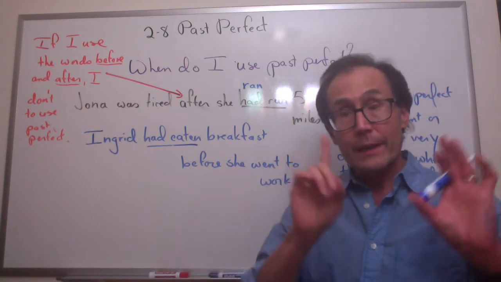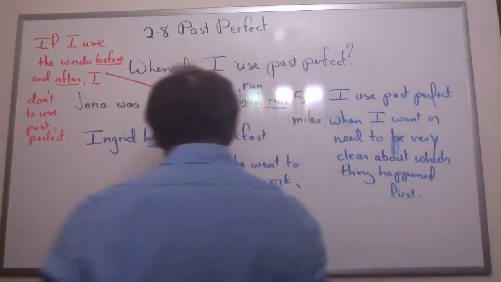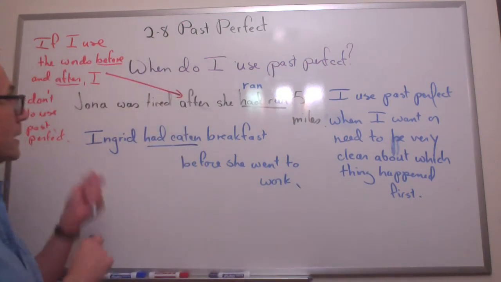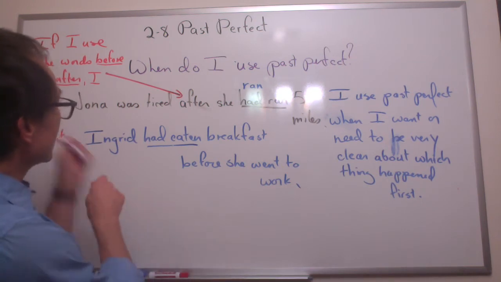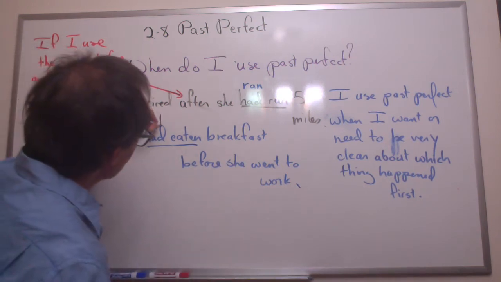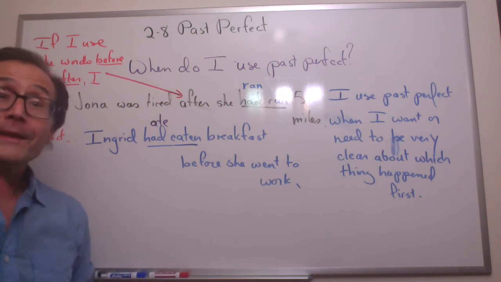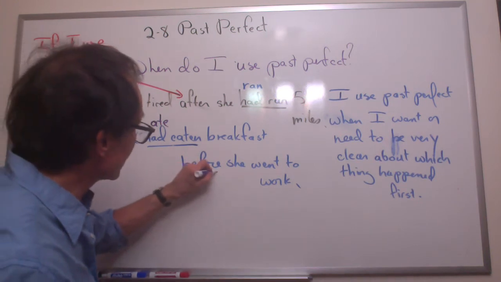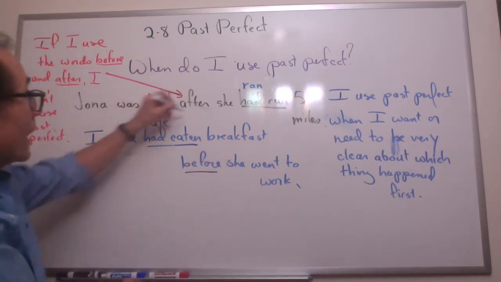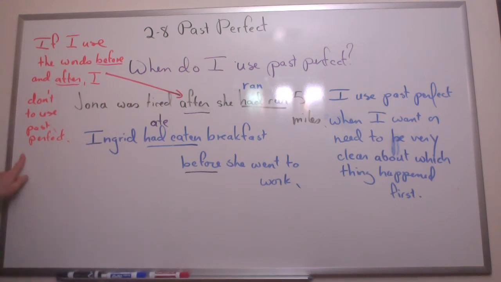So now let me ask you another question. Can I say, Ingrid ate breakfast before she went to work? Yes, yes I can. Because if I use the word before or after, then I don't need to use past perfect.